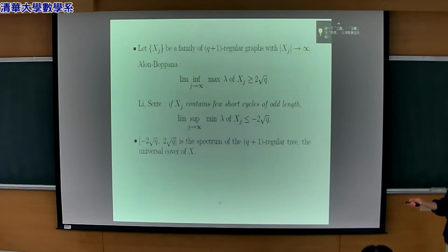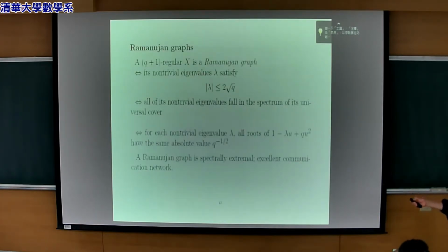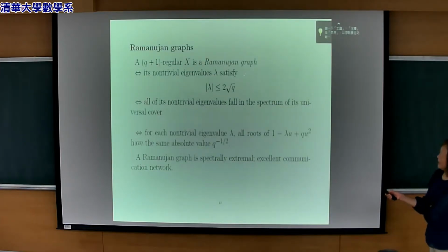So when that does not happen, it means that this graph is very special, and that graph is called a Ramanujan graph. Okay. So a Q+1 regular graph is Ramanujan if and only if all the non-trivial eigenvalues satisfy the bound, the absolute value of lambda bounded by 2 root q.